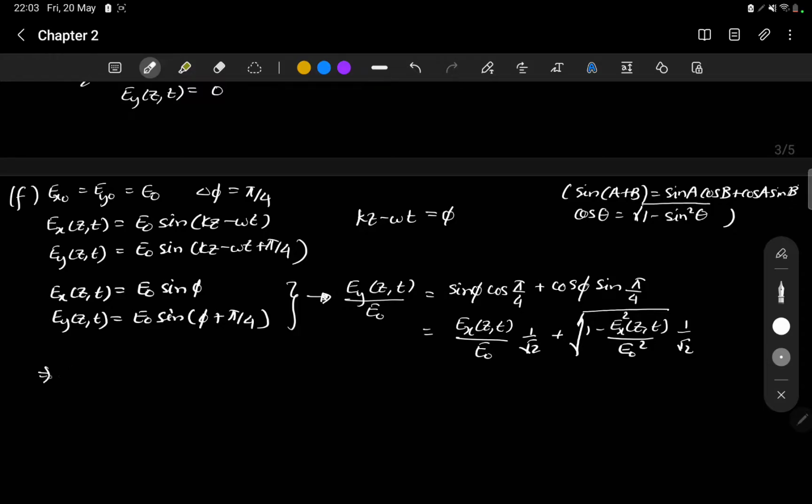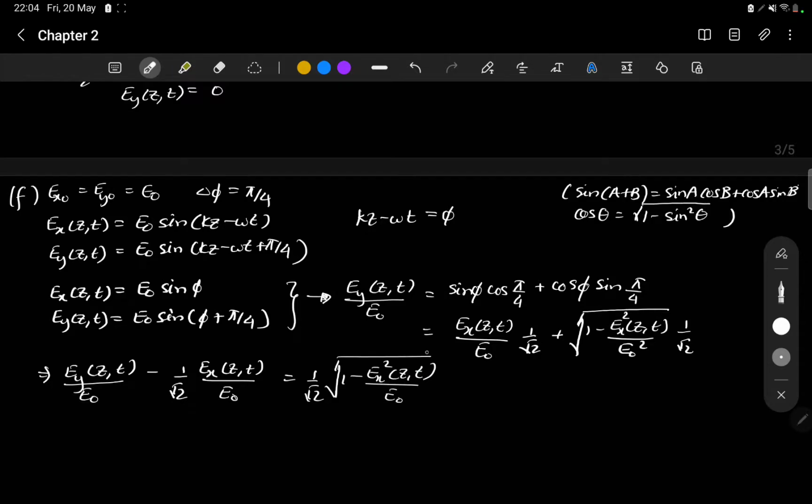So let us simplify it. We are just simplifying.